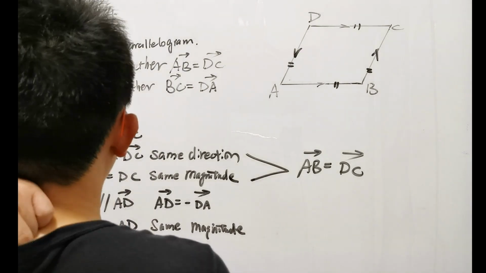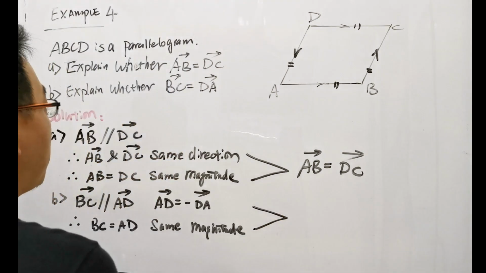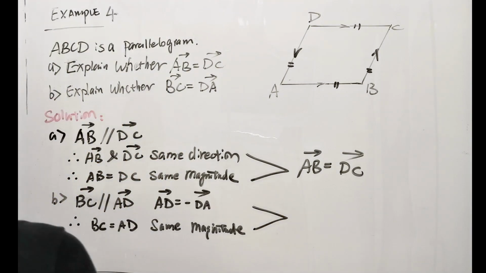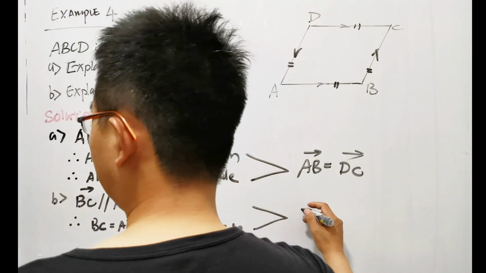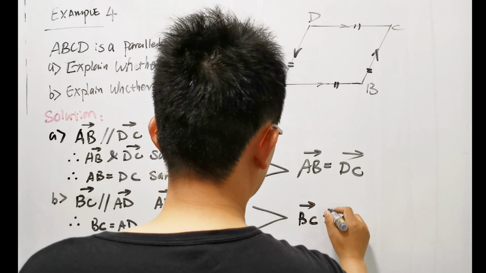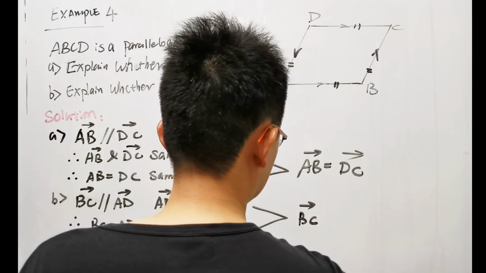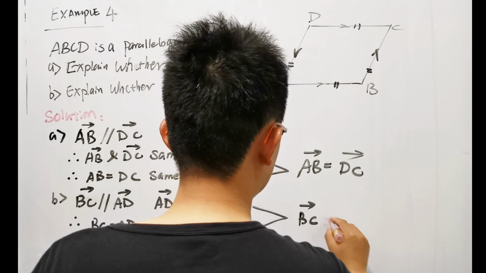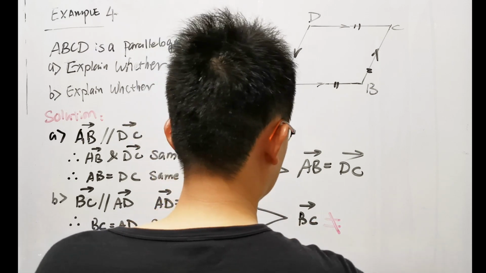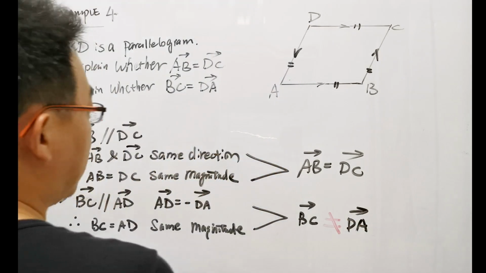So from here we can see that BC is not equal to DA, alright?